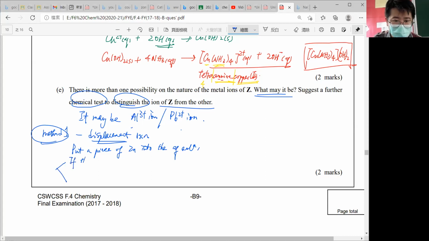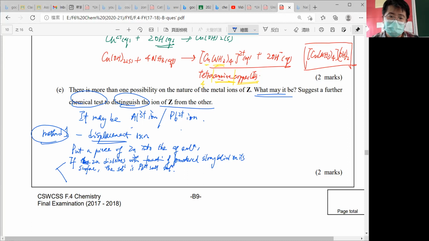The first possibility, if the zinc strip dissolves, at the same time with formation of some powdery silvery solid on its surface, the solution is what? Lead salt solution.